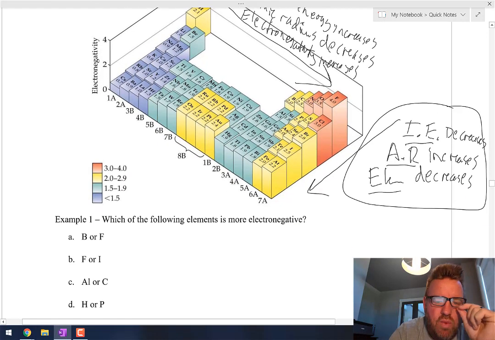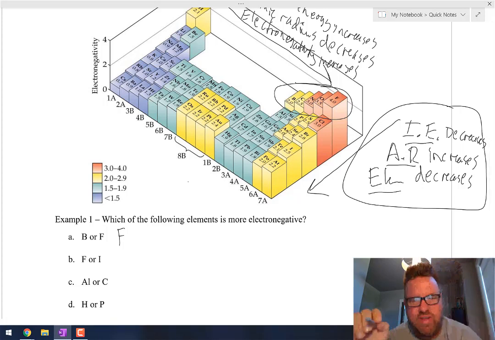Okay, example one, which of the following elements is more electronegative, boron or fluorine? Well, you can look up here and answer it. Clearly fluorine. But really it's being able to explain why. Why is fluorine more electronegative than boron? Because their valence electrons are in the same shell, but fluorine has more protons, so there's a greater attraction to the nucleus.